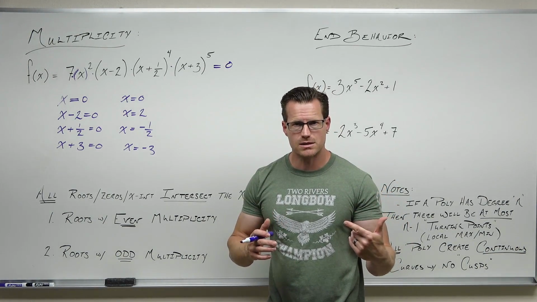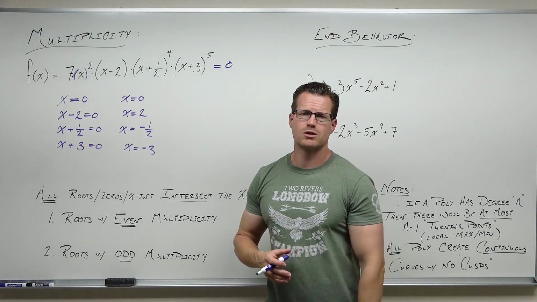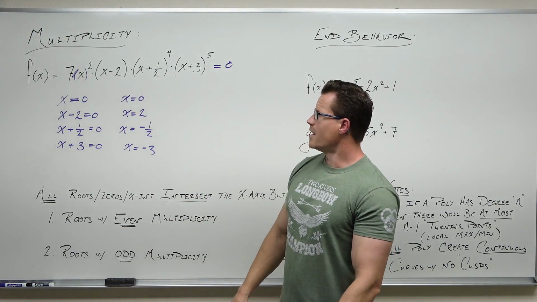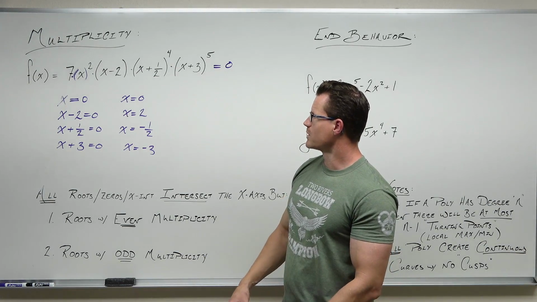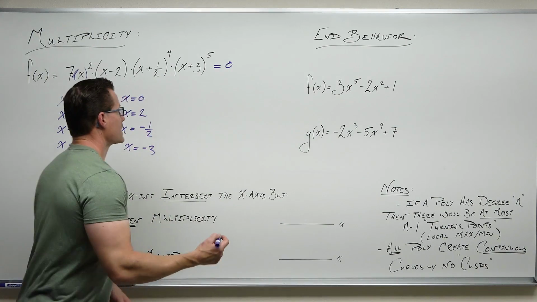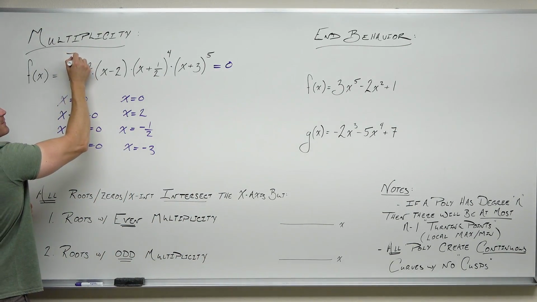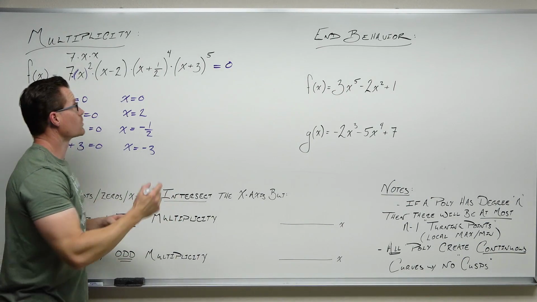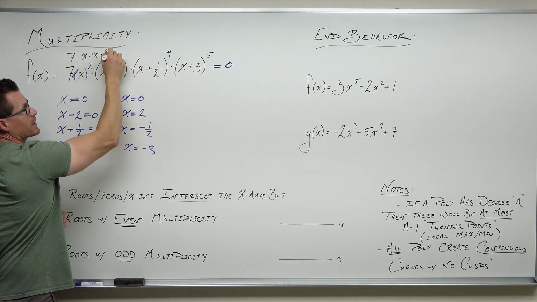So for instance, it would be super awkward, but instead of writing this 7x squared and then x minus 2 and then x plus 1/2 to the 4th power, you could do something a little crazy. You could write this as 7 times x, that's the same thing as 7x squared, times x minus 2.